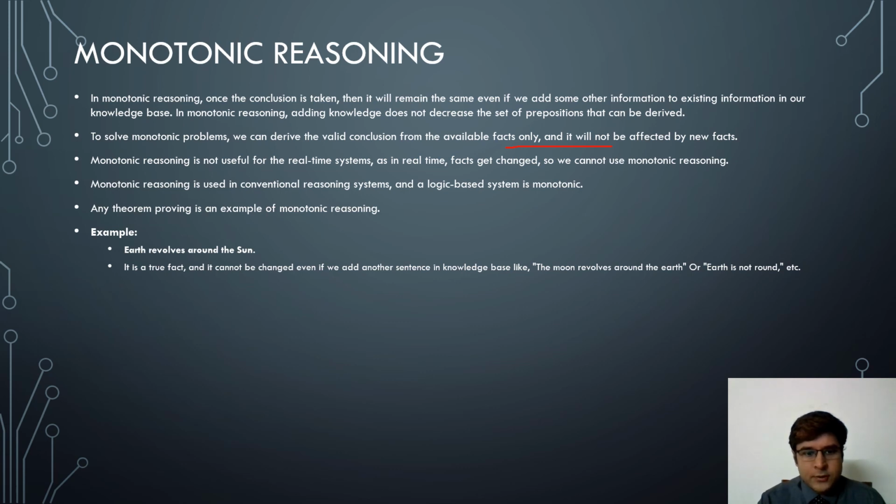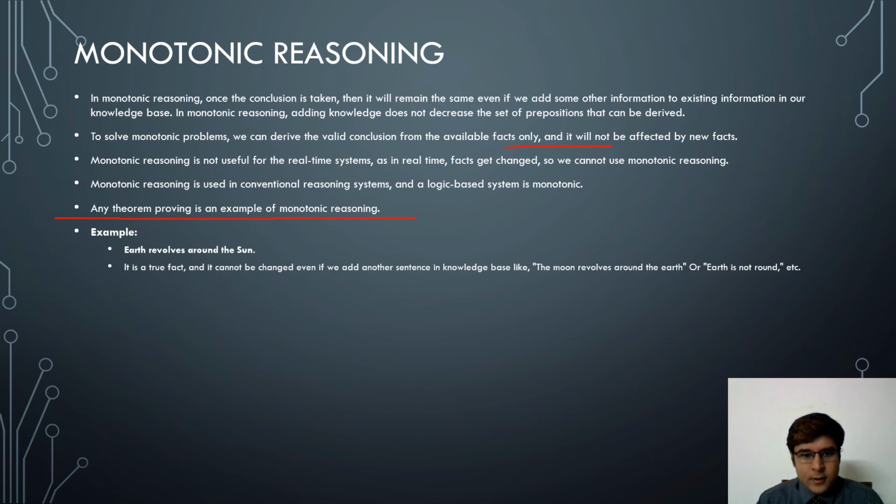Monotonic reasoning is used in conventional reasoning system, and a logic-based system is monotonic. Any theorem proving is an example of monotonic reasoning. So in mathematics, you must have seen that we have a set of theorems and we derive one theorem from a set of other theorems.